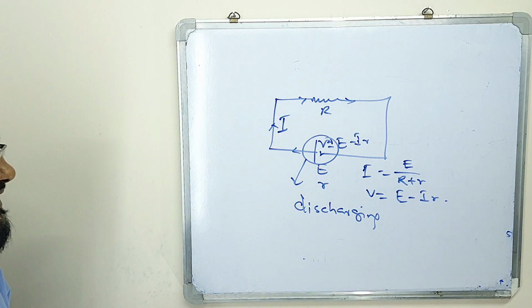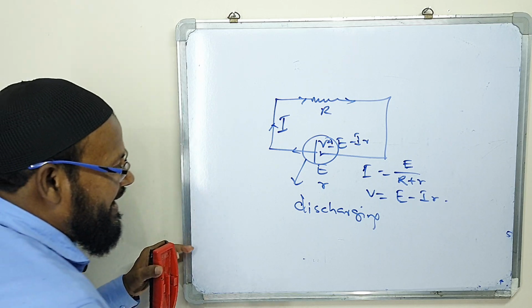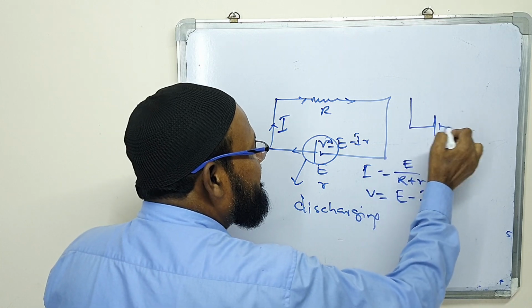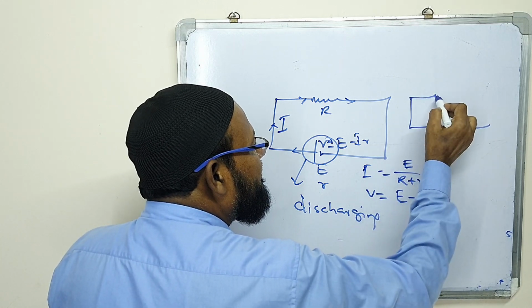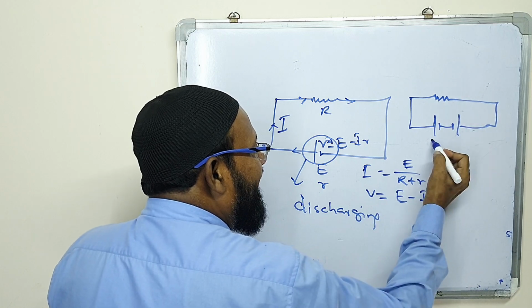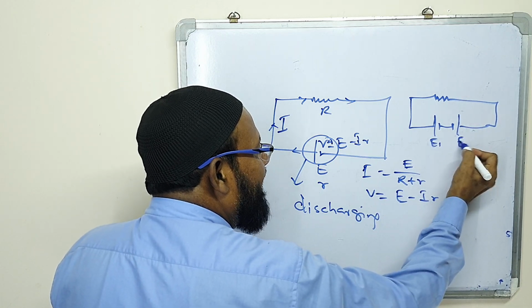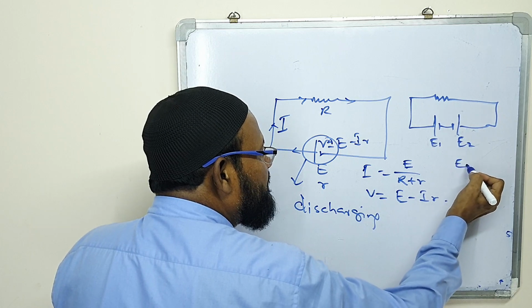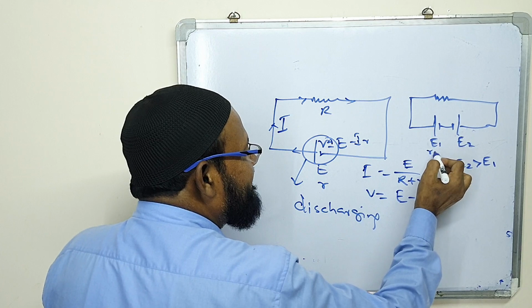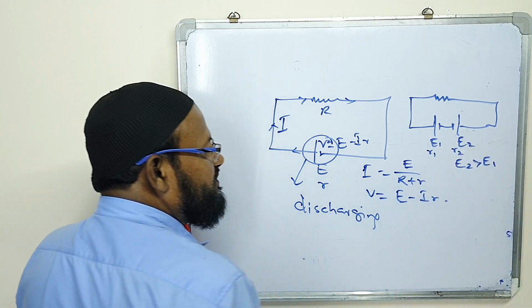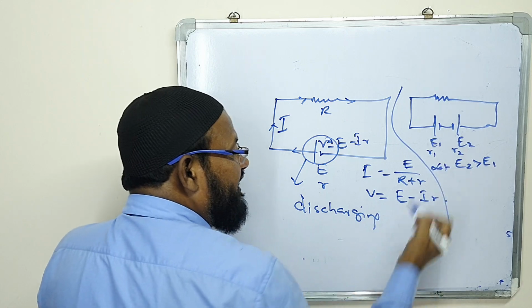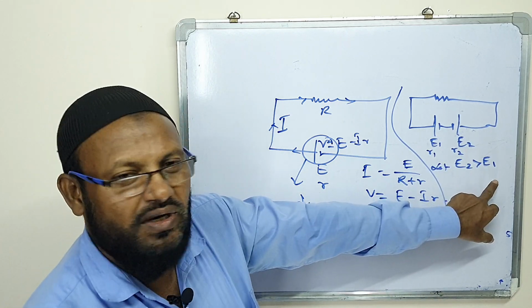Now, when I am drawing this figure, please see this. This is E1 and this is E2, and suppose E2 is greater than E1. It has R1 and R2.